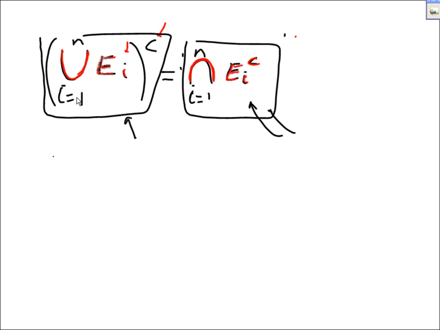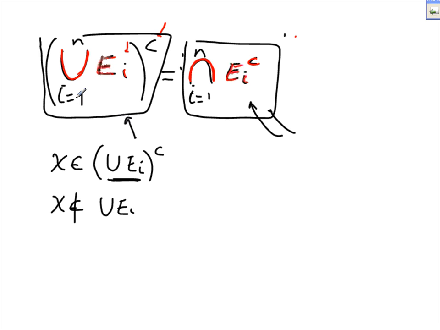So suppose x is an element of the complement of the union of E_i's. Well, that means x is not in the union of the E_i's as i goes from 1 to n.